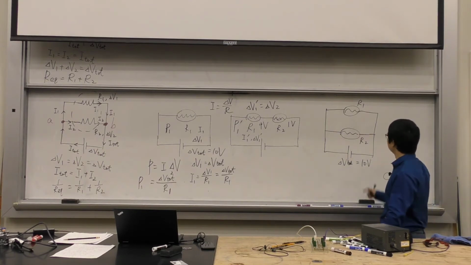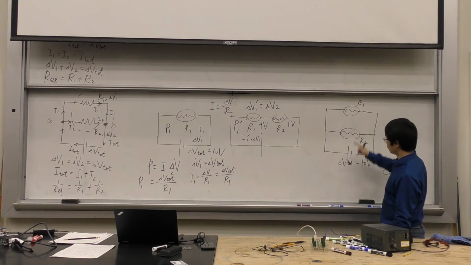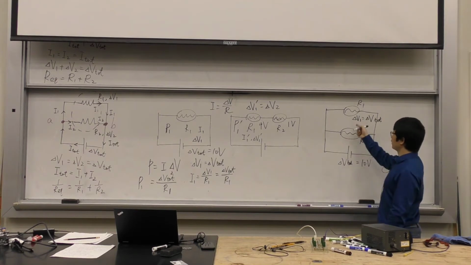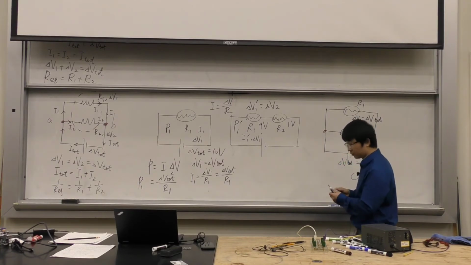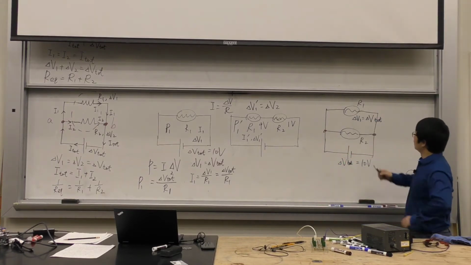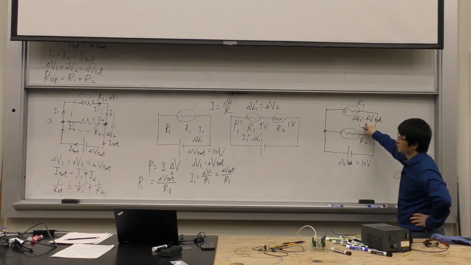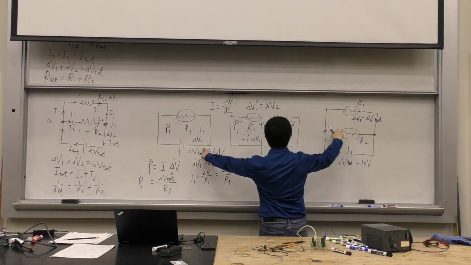R1 will still get the total voltage, 10 volts, because they are in parallel. They are both connected to the same two points and then directly to the battery. So you see that V1 doesn't change if you compare this circuit and this circuit.